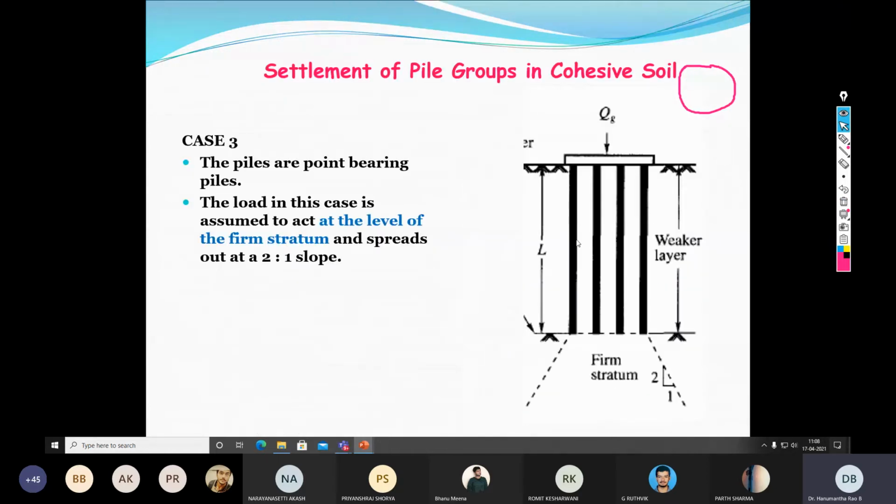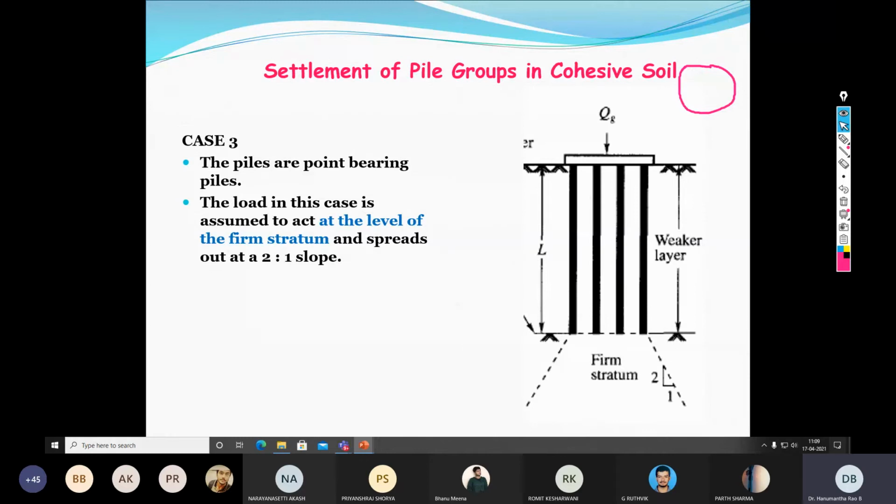The last condition is where, until the pile tip, the soil is very weak and doesn't contribute any skin friction. In this case, where do you assume the location of the fictitious footing?